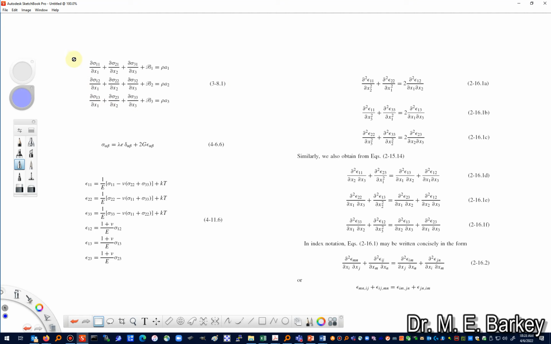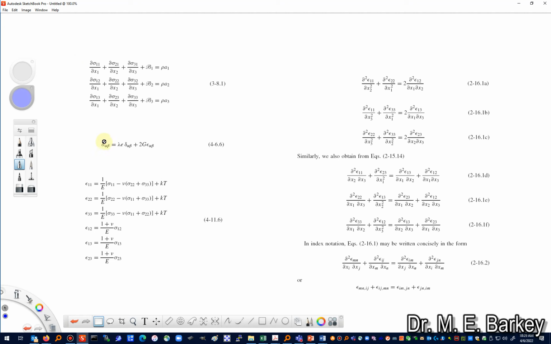So, for example, the partial of sigma x with respect to x plus the partial of tau xy with respect to y plus the partial of tau xz with respect to z plus a body force per volume is equal to an acceleration term times density. Now this would be the differential equations of motion. For equilibrium, this acceleration term would be 0, and we'd have equilibrium equations.